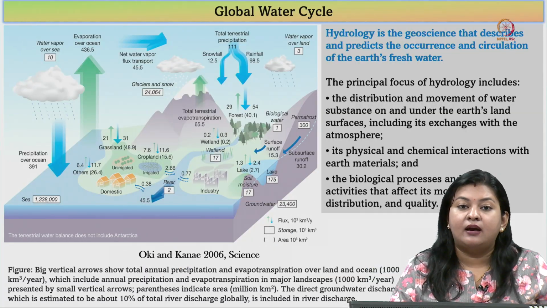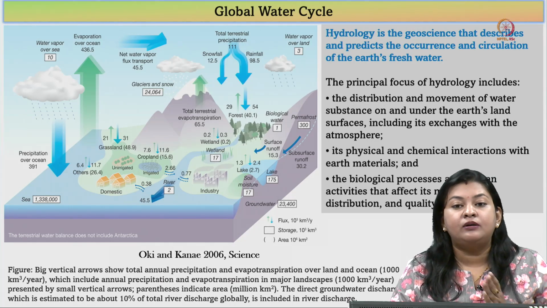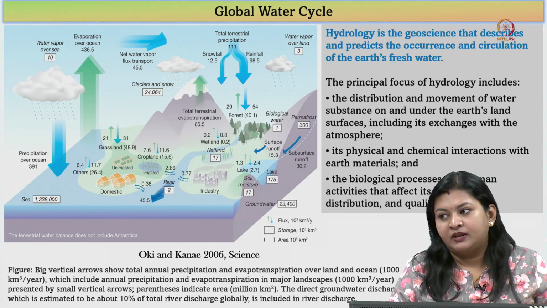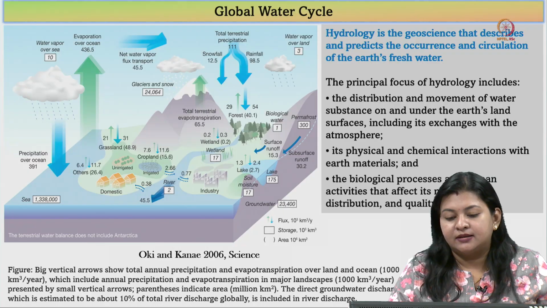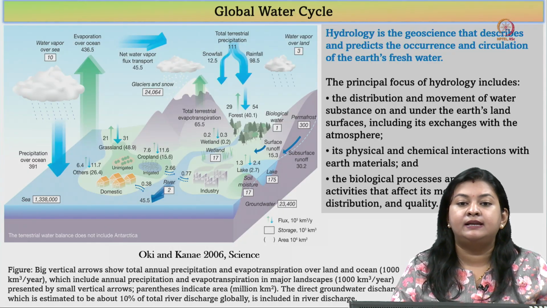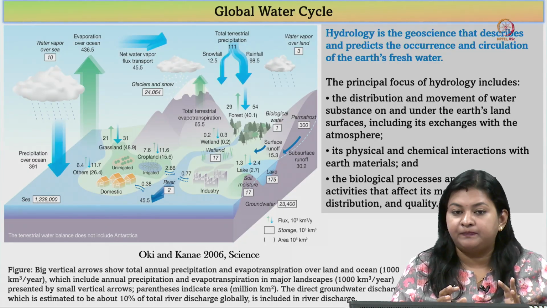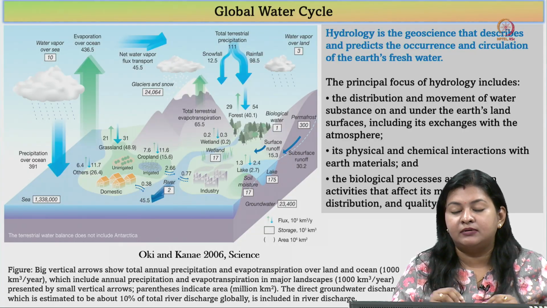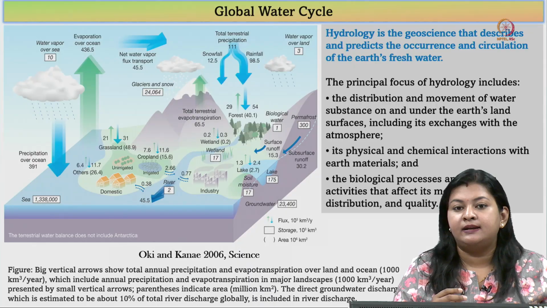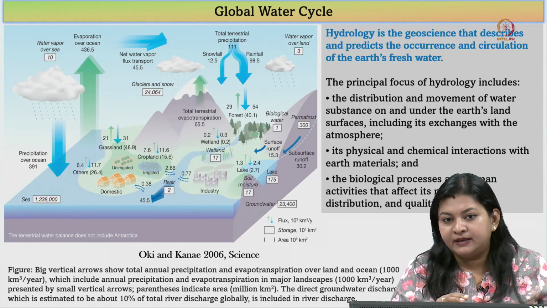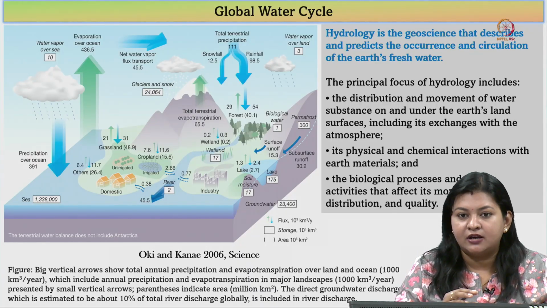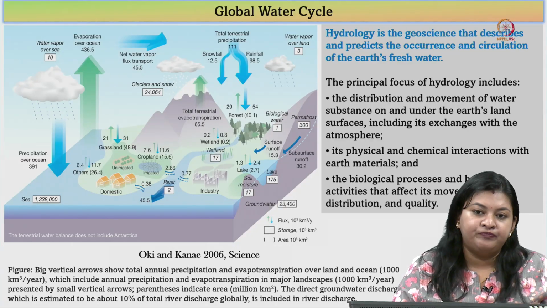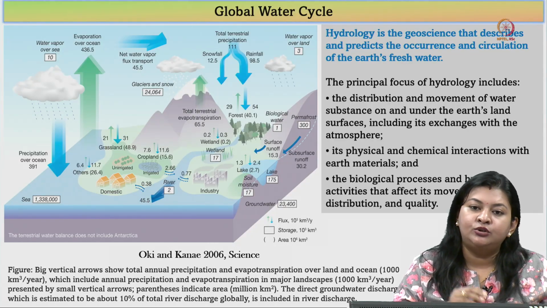And now we move towards the global water cycle. This global water cycle is a very broad term, and this is a term that we use to understand how water is being transferred across the globe from one reservoir to another.